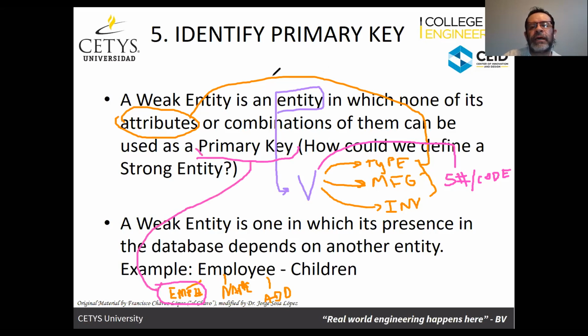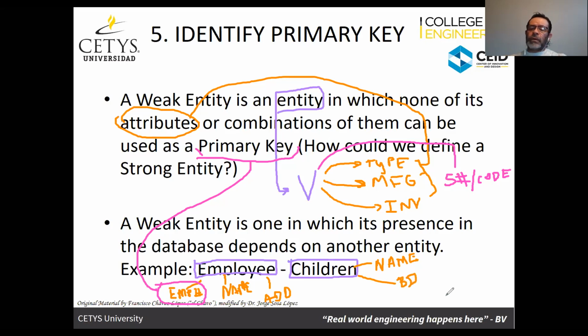But now let's say that this is employee. Now let's say that for children, the attributes are just going to be their names and their birth date.